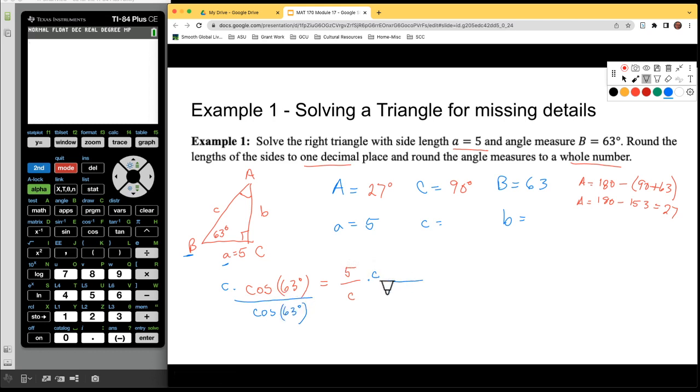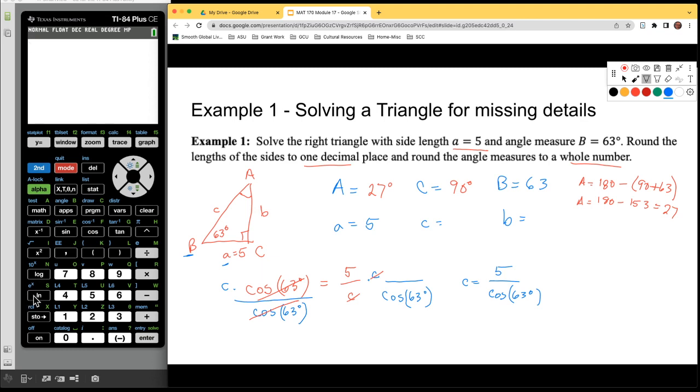Just to emphasize, it's going to be in the denominator. The C cancels out here, and the cosines cancel out here. So we're left with c equals 5 divided by the cosine of 63 degrees.